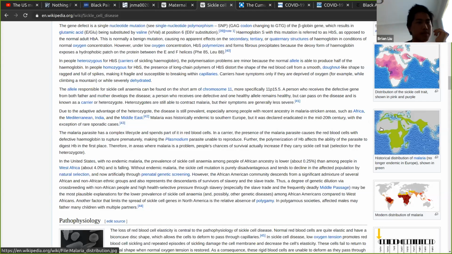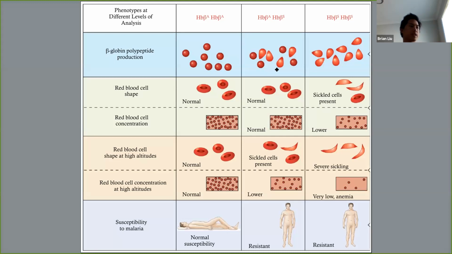Because here we can see that sickle cell anemia is affected by genetics. In genetics, I'm not sure how many of you have learned this, but for each gene we have two alleles.